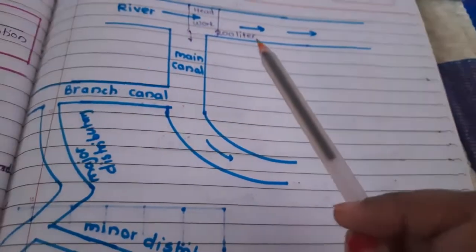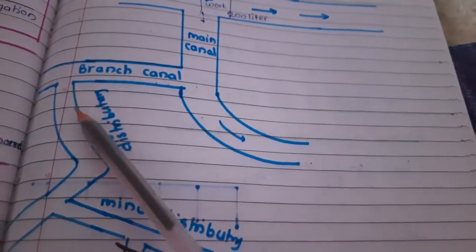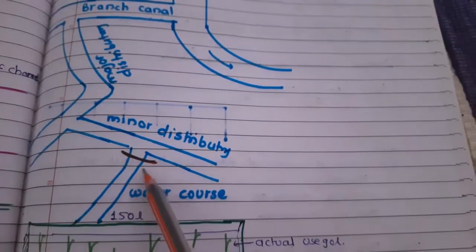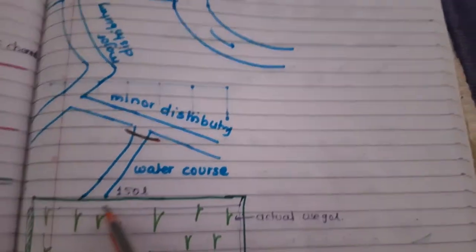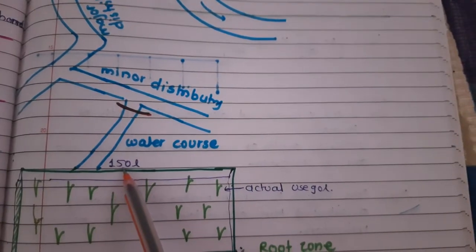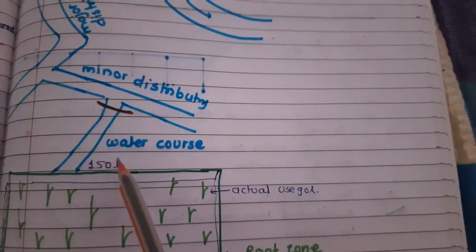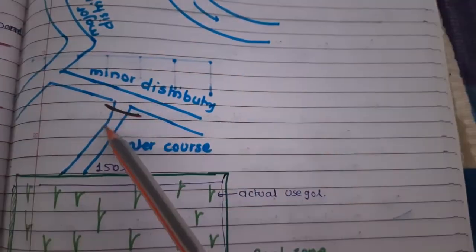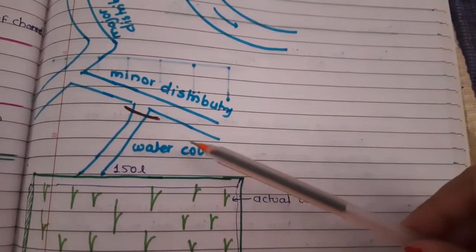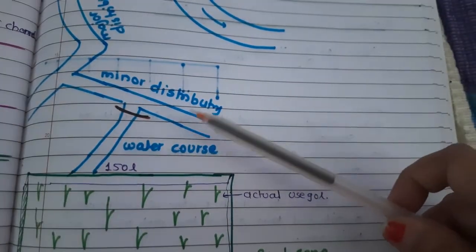If 200 liters of water is conveyed from main canal, then branch canal, then major distributary canal, then minor distributary, then water course, and here at the field we get only 150 liters, then which losses may occur in this conveyance of water? These may be evaporation losses, runoff losses, seepage losses.